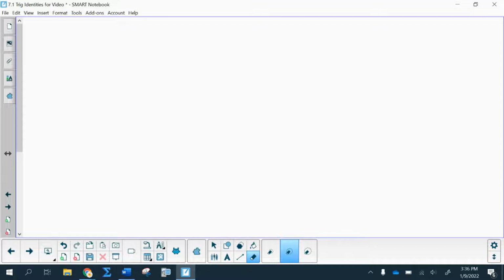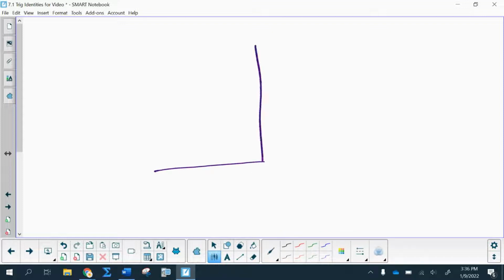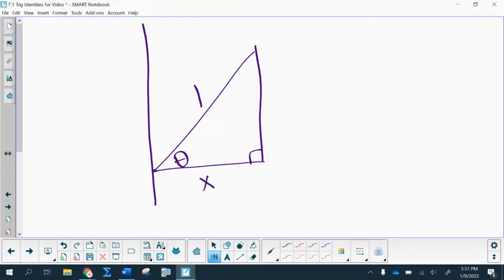So if you have your right triangle, and here's your theta, and let's say that this right triangle is on the unit circle, so your hypotenuse is 1. We know that this side is x, this side is y. Okay, so here's my right triangle on the unit circle. And using Pythagorean theorem, you could easily say x squared plus y squared equals 1.